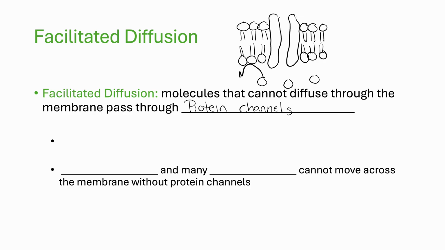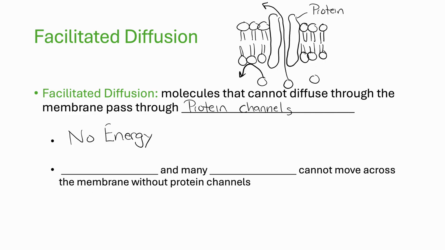Now, it can't pass through the cell membrane. So what we need is these channels to move the molecules from high to low, in or out of the cell. We have a channel protein that's embedded in the cell membrane. This process of facilitated diffusion still uses no energy.